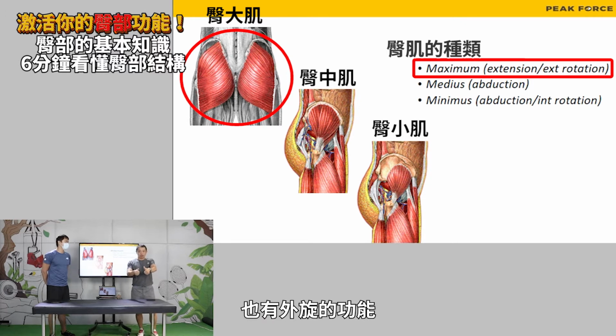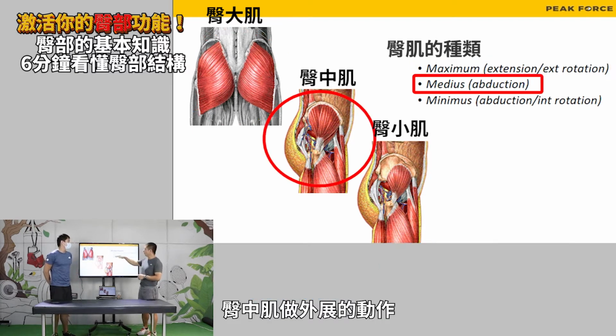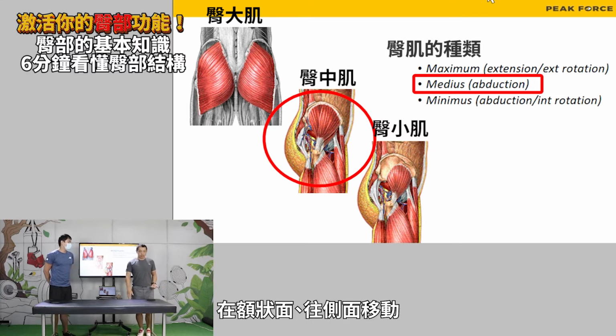has a function of external rotation, okay? 好,那我们看到臀大肌的部分,它主要的功能呢,它会做一个髋伸展的动作,也就是说呢,将你的腿呢是往后做一个伸展,做一个往后侧的推蹬的动作。那除了这个之外呢,它会做一个外旋的功能。 And the medius muscle is actually for the abduction, which is going to what's called the frontal plane.